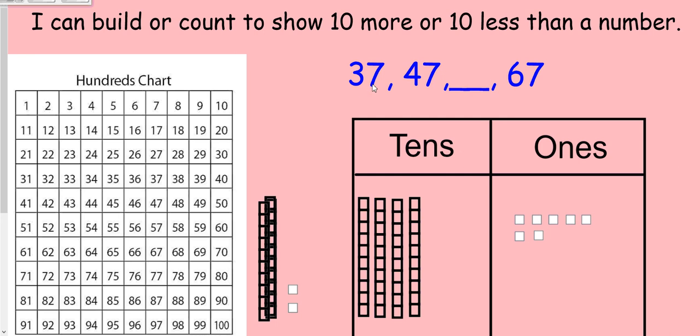The ones place has 7, the ones place has 7, the ones place has 7. Do you think we are counting by ones if the ones place has not changed? No, we are not counting by ones if the ones place stays the same.